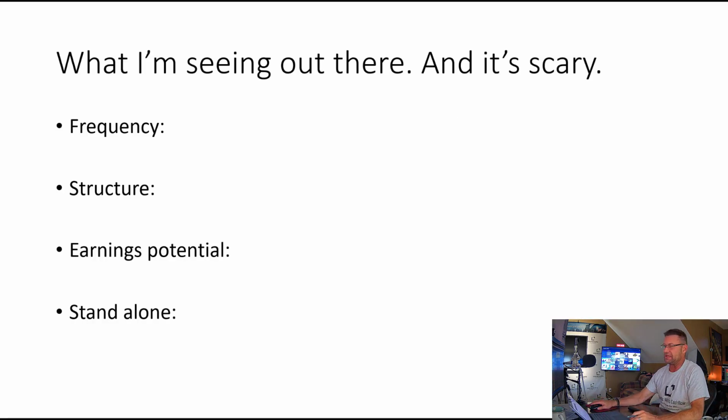There's a couple of things I've been noticing more and more. One is the frequency of these trades, how frequent an opportunity at bat traders are getting.